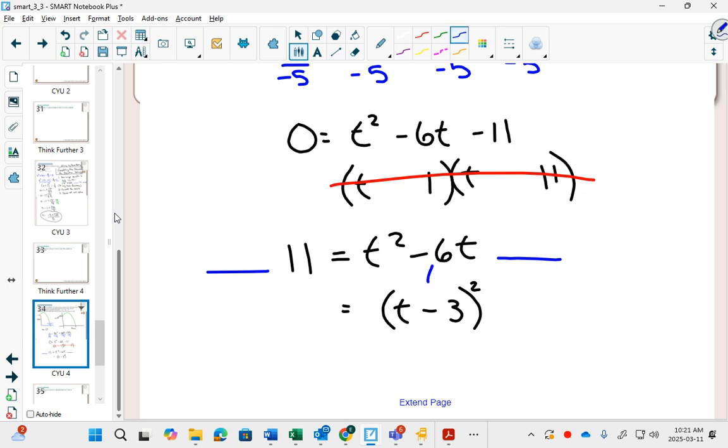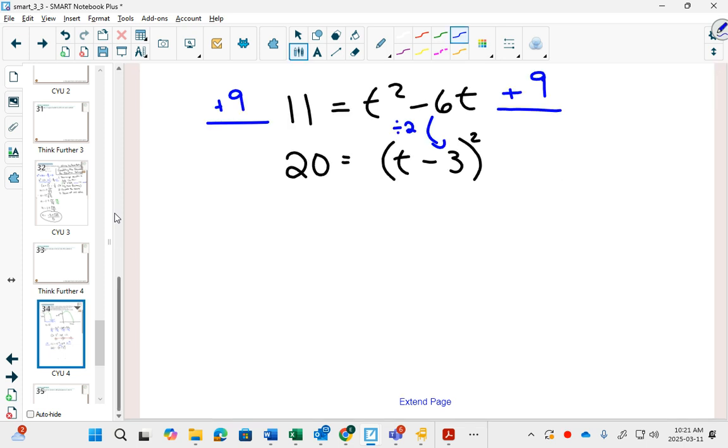And most of you are starting to recognize that that number is always half of that middle number when you square something. Now, if there's a minus 3 there, and I squared it, would I have a plus or a minus 9 at the end? Minus 3 times minus 3? I have a plus 9, which means I have a plus 9 on this side, and that adds up to 20.